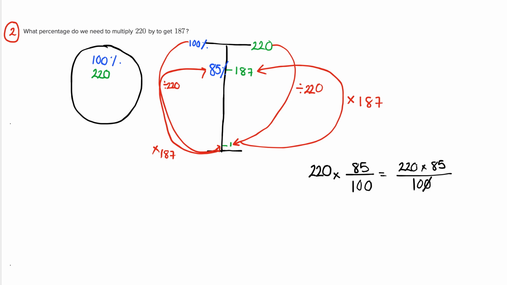And then I take this one out, and then I do 22 times 85 divided by 10. And I get that that's equal to 187. And guess what? That's what we have here. So we have done it correctly. Wonderful. I'm going to continue in the next video.